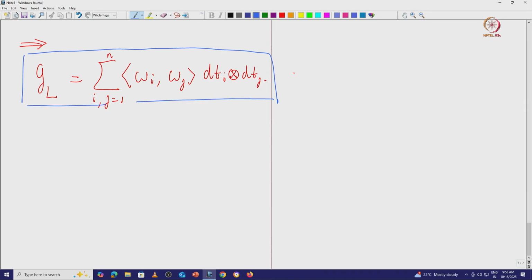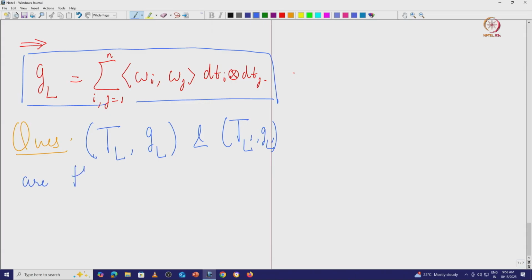All right. So finally, what I want to do is the following. A natural question is whether, if you look at the Riemannian manifolds, let's say TL with GL and TL prime with GL prime, are they genuinely different Riemannian manifolds?